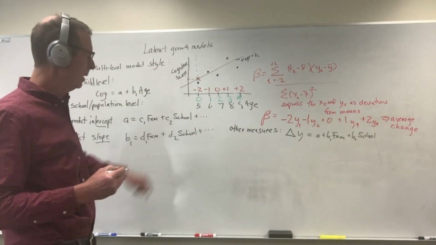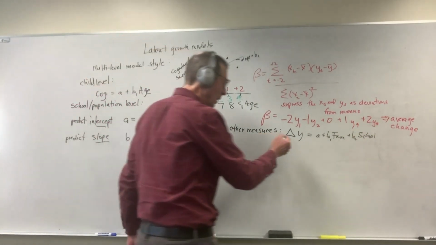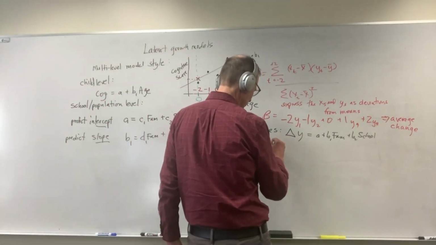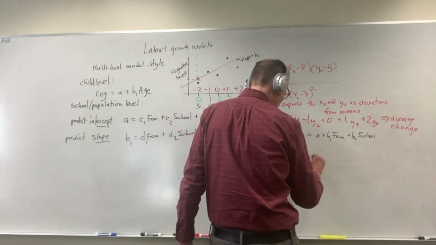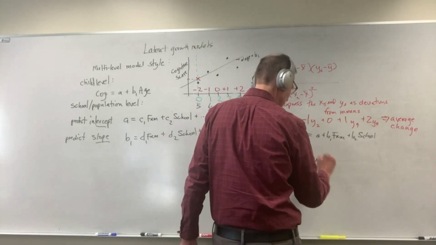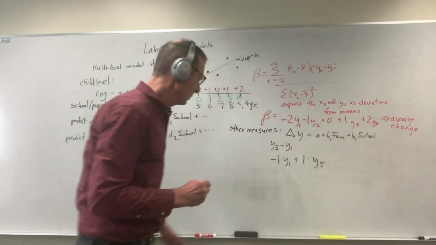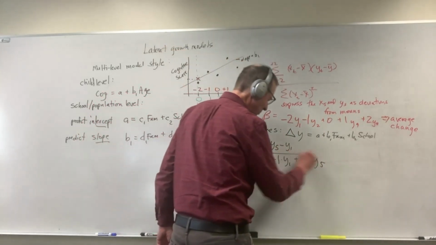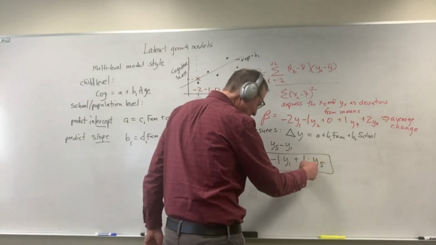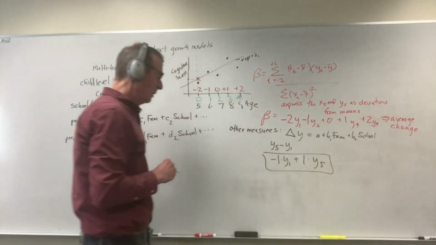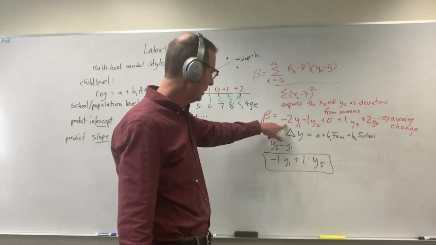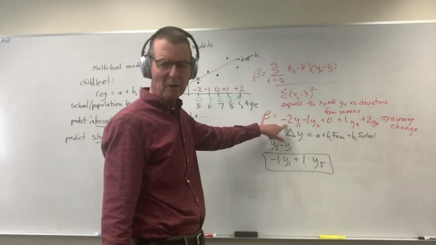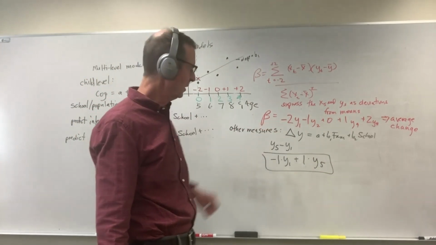And if we apply it to these data, all right, sorry, let's do it this way, right? A simple change measure. We've got Y5 minus Y1. And if we express it this way, we can see the parallels to what comes out of the first level of an HLM model.